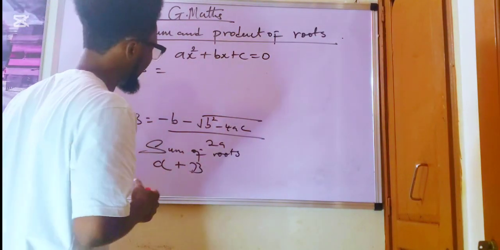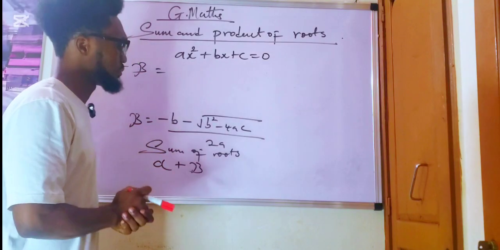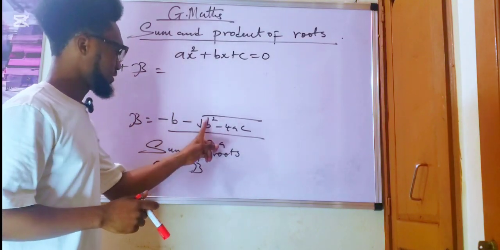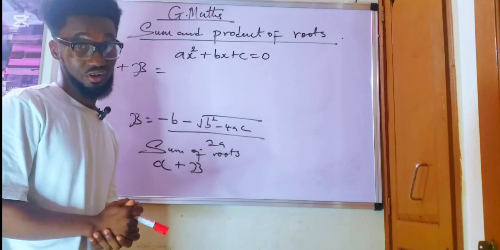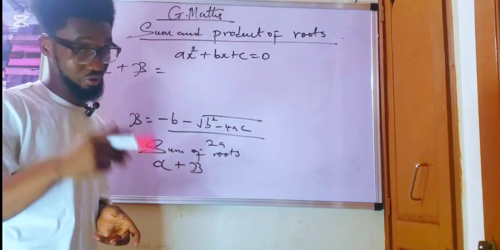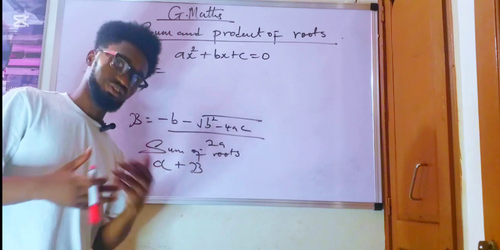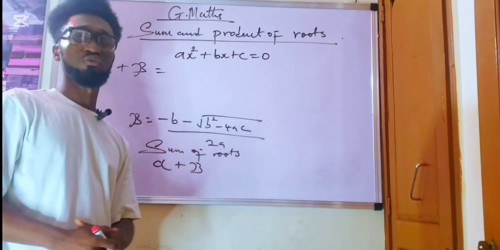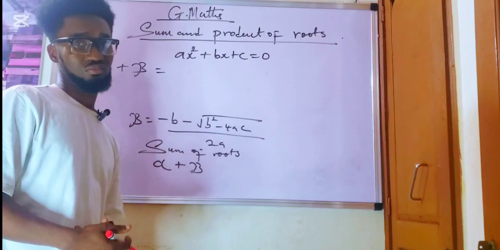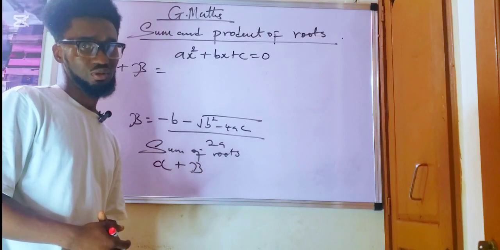But I want to remind you of something: this b squared minus 4ac is called the discriminant, right? Good. I hope you recall. It is called the discriminant. So why not represent b squared minus 4ac with D? It will help us.